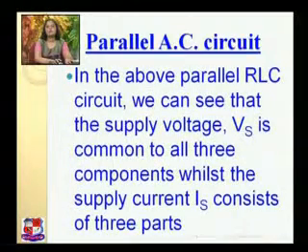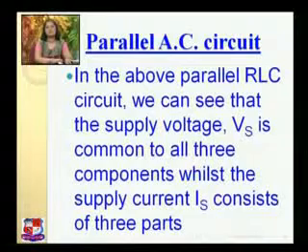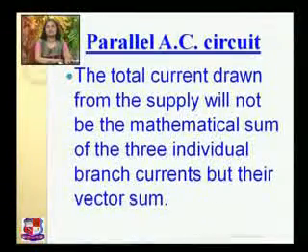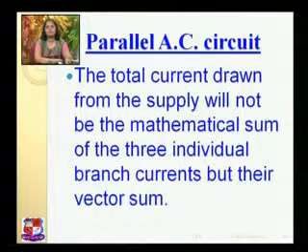Now in the above parallel RLC circuit, we can see that the supply voltage Vs is common to all three components, while the supply current Is consists of three parts, which is IR, IL and IC. Current passing through resistance, current passing through inductor and current passing through the capacitor. The total current drawn from the supply will not be the mathematical sum of the three individual branch currents, but their vector sum.